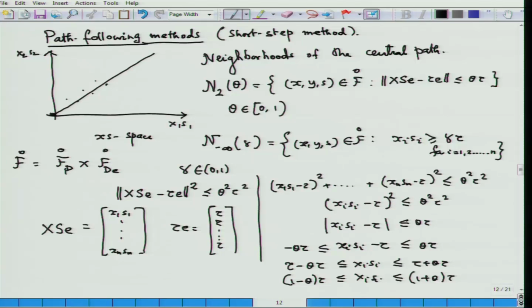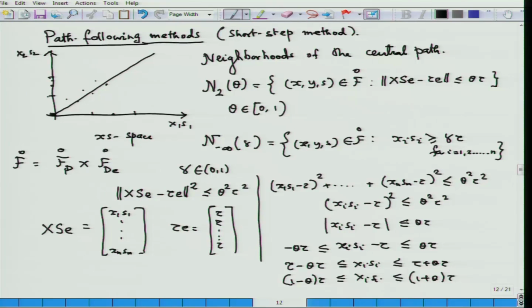So, if for each i, x1 s1 and x2 s2 are both within these two limits, right. So, x1 s1 is within certain limit, x2 s2 is within certain limit. So, I want all points within this.